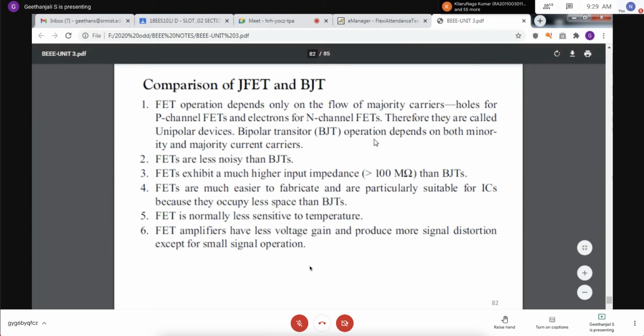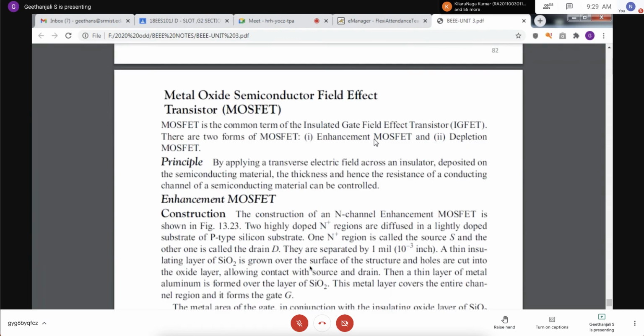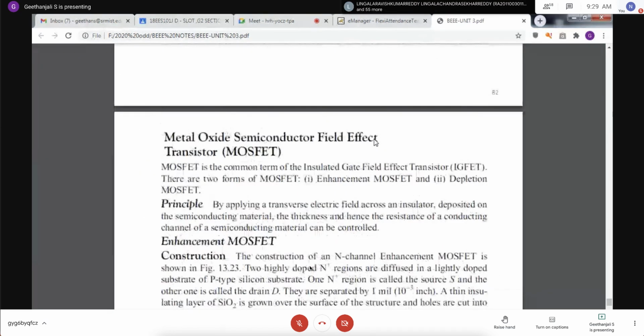So these are all the comparisons for the JFET and BJT. Then next we will see the metal oxide semiconductor field effect transistor. It is abbreviated as the MOSFET.